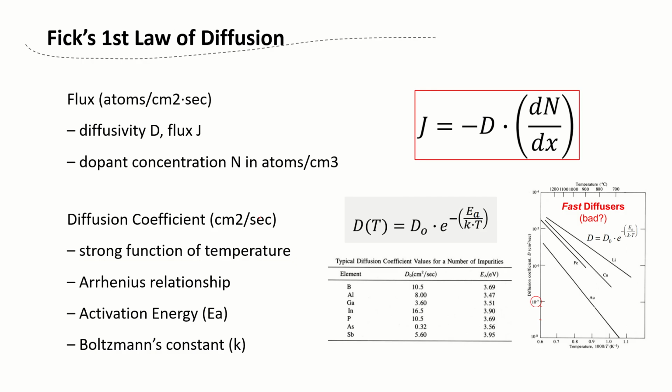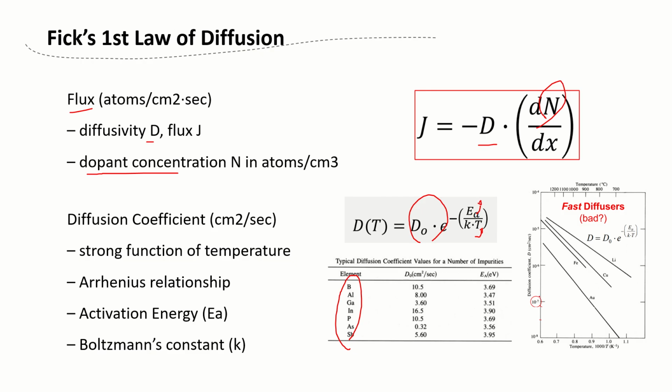For diffusion, we need to talk about Fick's first law. So we know the flux is affected by diffusivity, and also by the dopant concentration, which is N over here. Also, diffusivity is affected by the diffusion coefficient over here, which corresponds to different elements. It also has a strong correlation with temperature and the activation energy.